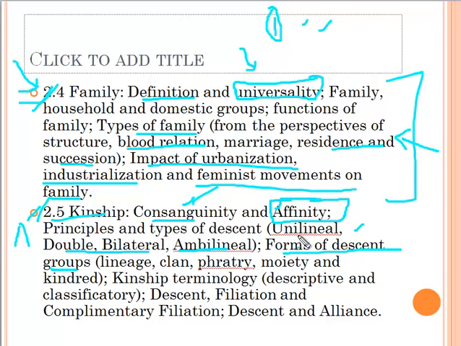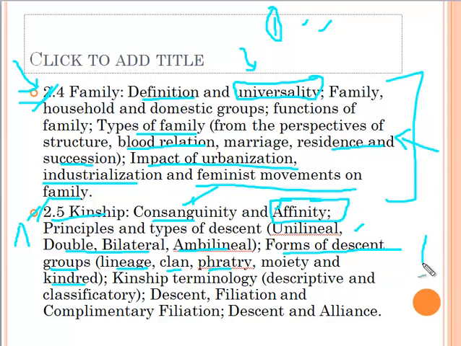Based on these descent types, there are different descent groups like lineage, clan, fratry, moiety and kindred. You just have to understand that these are very fixed concepts. What is the difference between lineage and clan? In lineage, you can tell the ancestry.